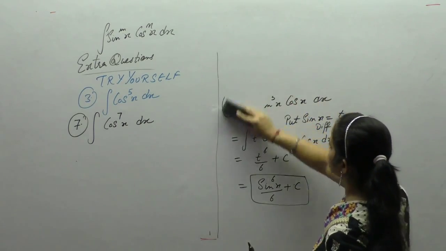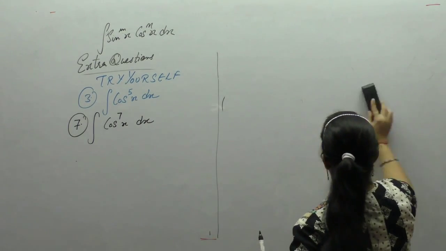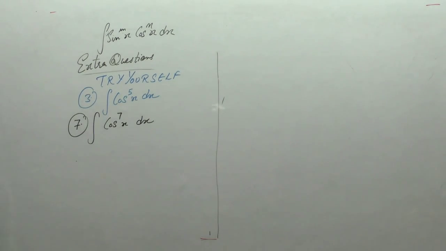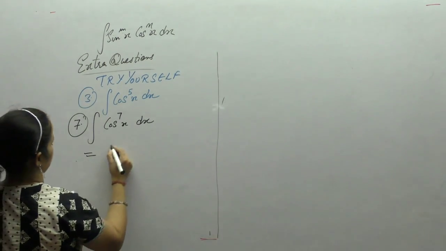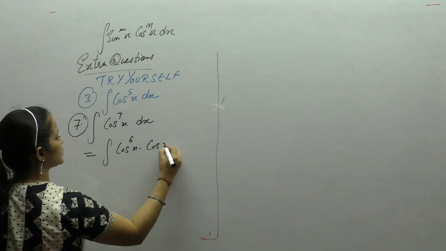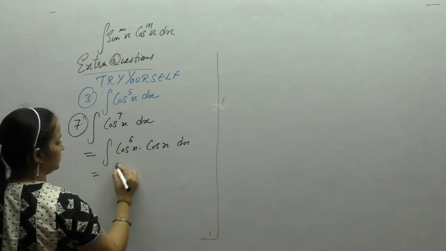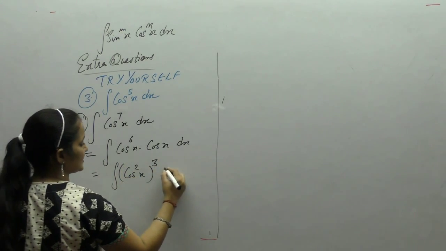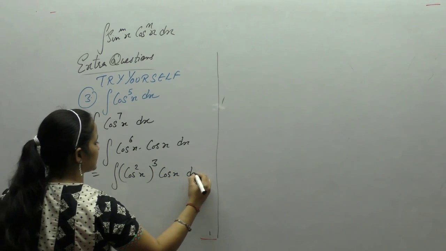First we write cos 7x as cos 6x into cos x. We can write cos 6x as cos square x to the power 3, 2 into 3 is 6, into cos x.